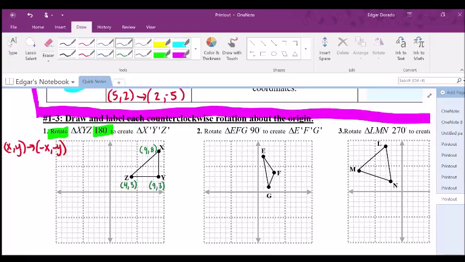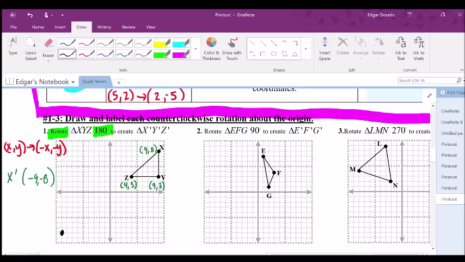Let's go ahead and go in order. My X prime is going to turn (9, 8) into (negative 9, negative 8), which is going to be right down here. Negative 9 comma negative 8 is right down here.